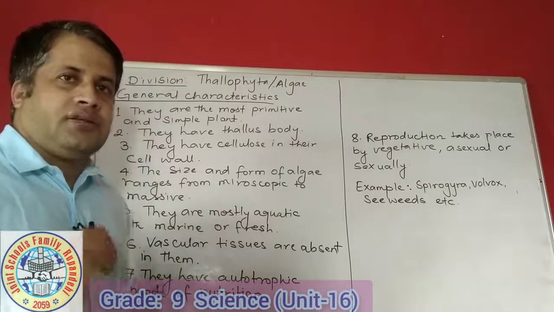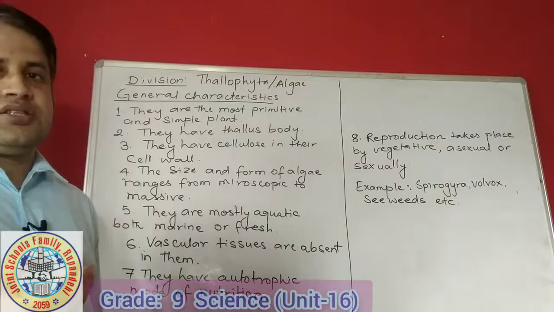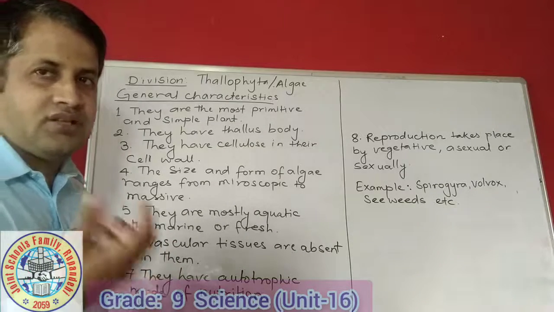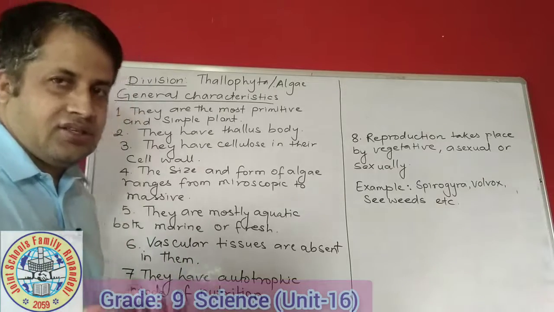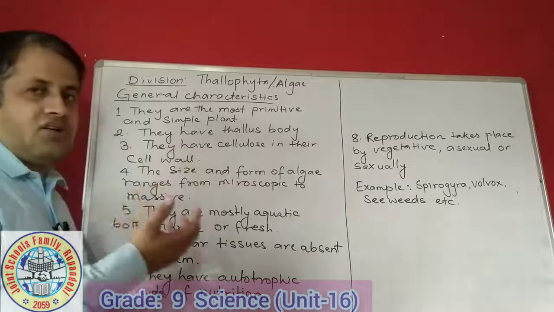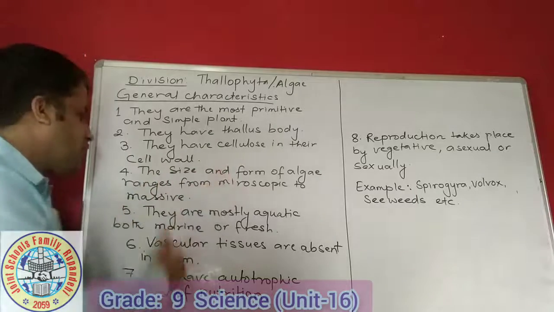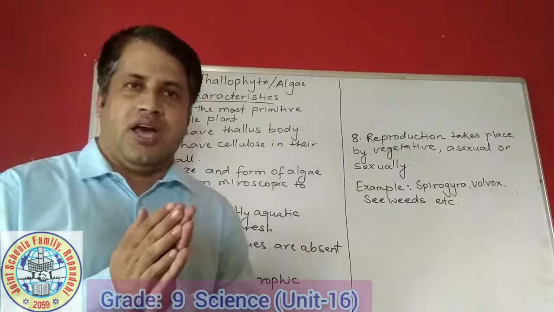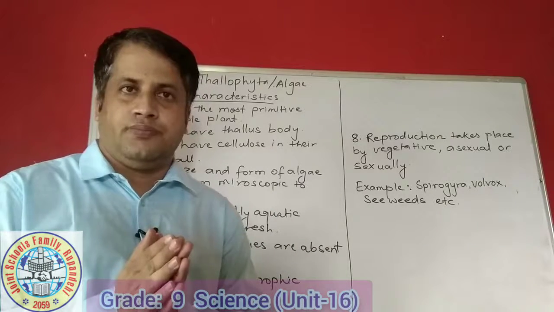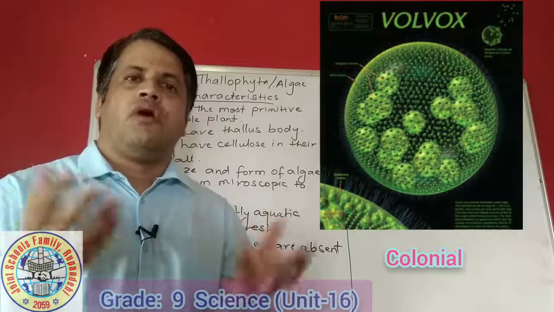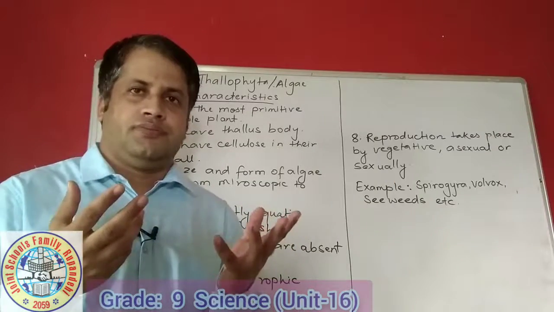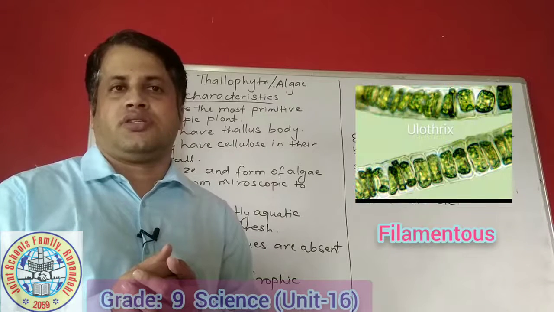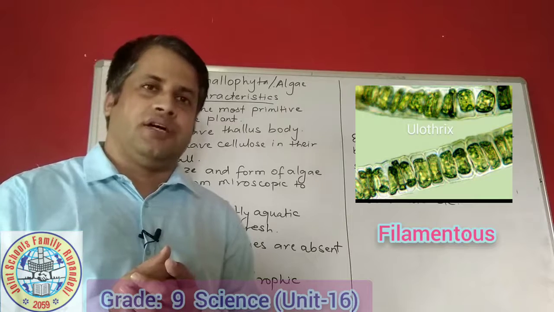About the size, what are their shape and size? It ranges from microscopic unicellular forms like Chlamydomonas, to colonial forms like Volvox, and filamentous forms like Ulothrix and Spirogyra.